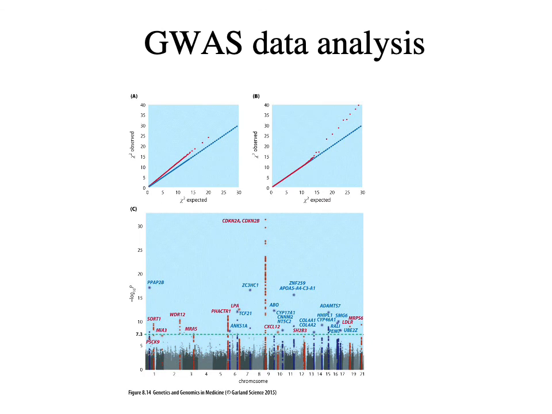Visualizing and analyzing GWAS data is challenging and complex. Quantile-quantile plots of the distribution of observed test statistics in a GWAS study are shown in this slide. In case-control studies, a chi-squared comparison for absolute genotype counts is calculated for each variant.